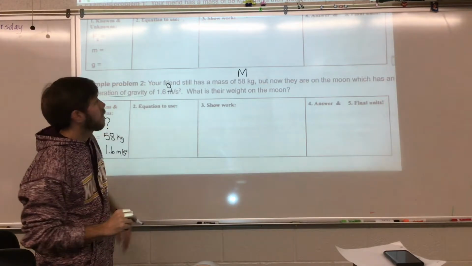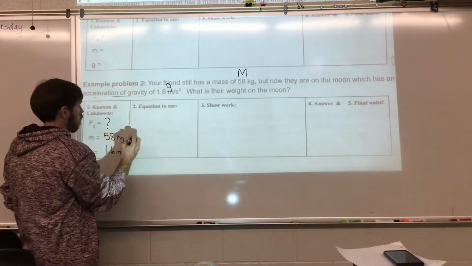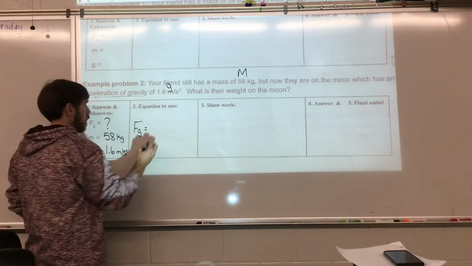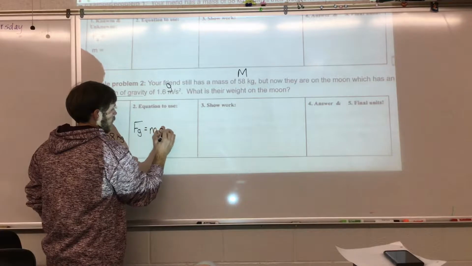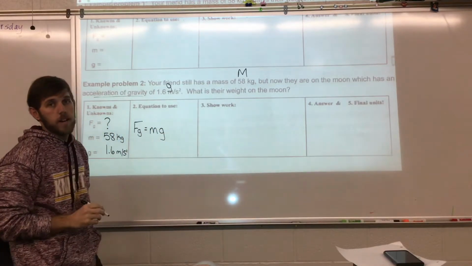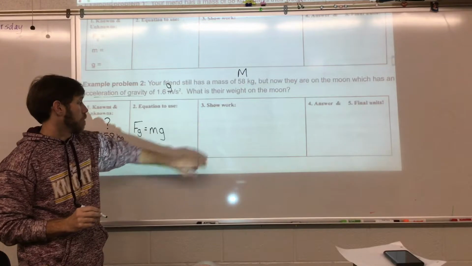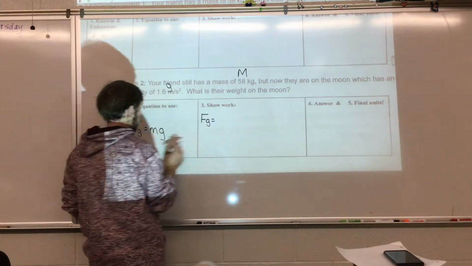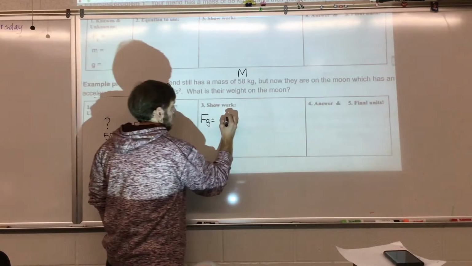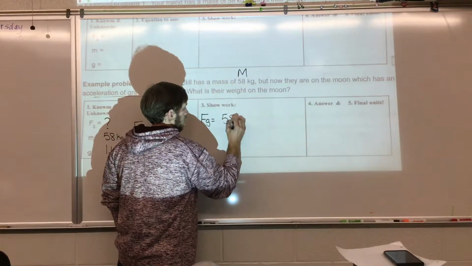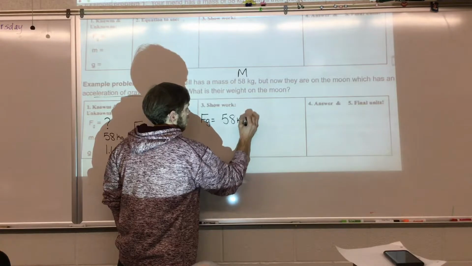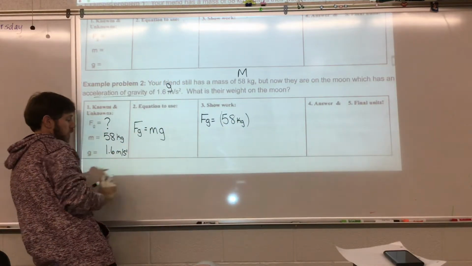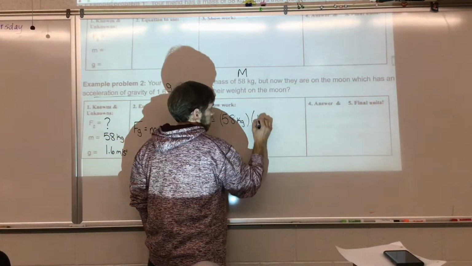Now the equation to use when we're looking for Fg, or weight, is just mass times that force of gravity. Now we can plug in our equation here. So we're going to say Fg equals m, just 58 kilograms, multiplied by g, which is 1.6 meters per second squared.